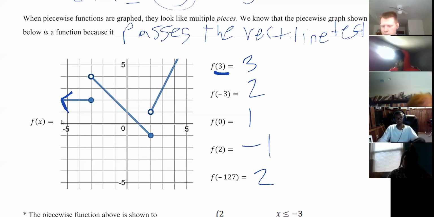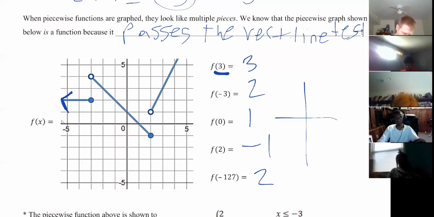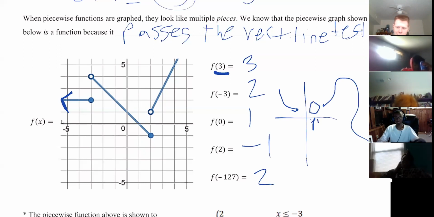As we've seen, certain functions have restricted domains. This is a really crappy sketch, but say you had something that looked like this, and it didn't start until over here. If you had to evaluate a number here and there was nothing on your function, that would be undefined. So it is possible not to have an answer for all of these when you're evaluating. Does that make sense?